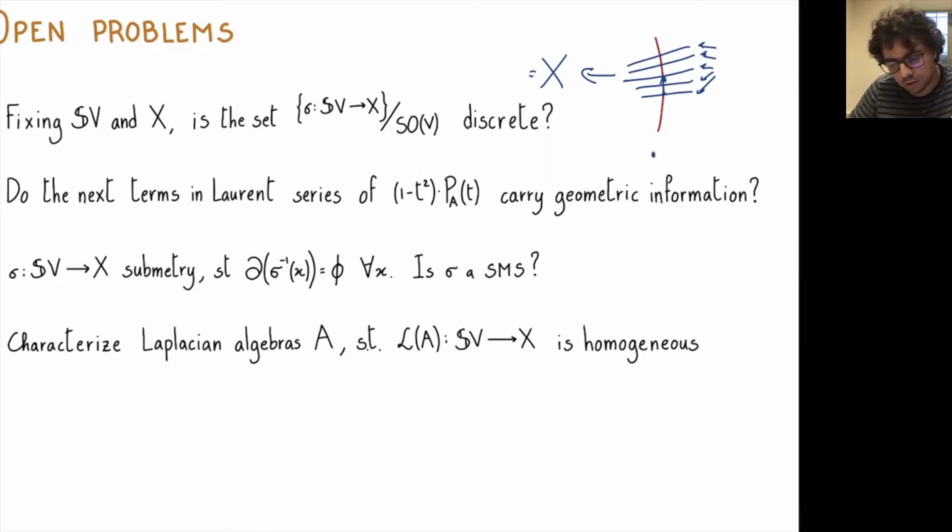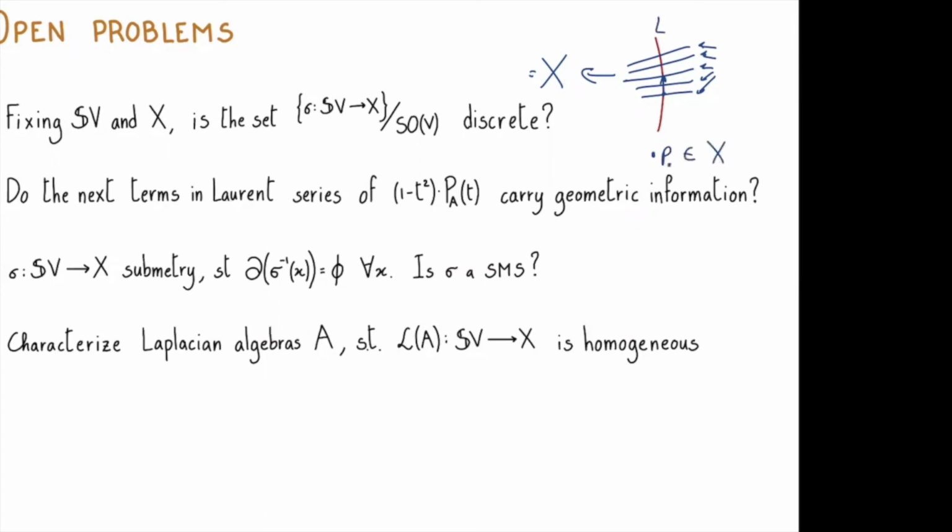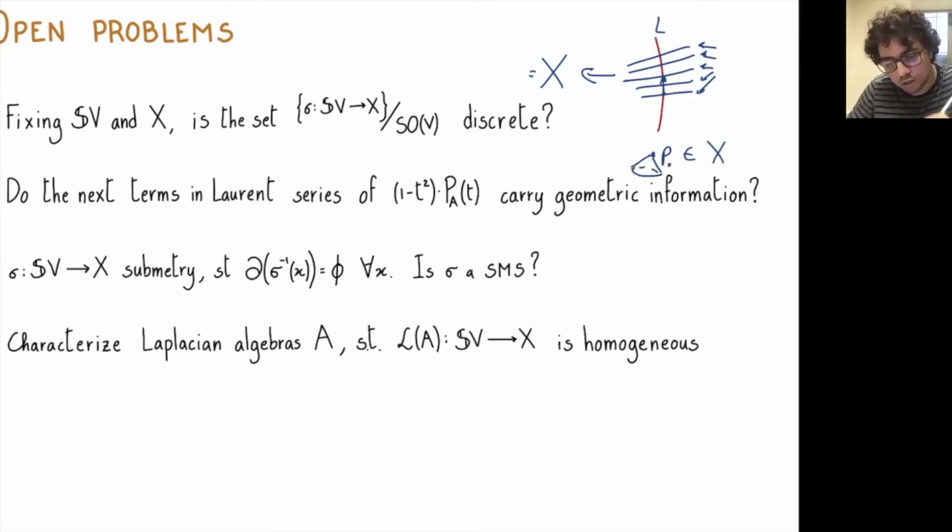So here you have your leaf, here you have the point in the quotient that your leaf projects to, and in here you have a tangent cone, and this is exactly the tangent cone they all project to.